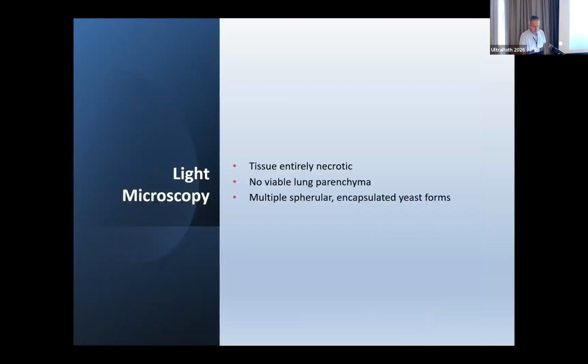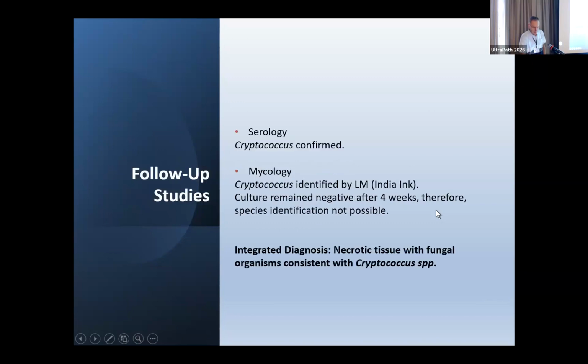So the pathologist then issued the report as tissue entirely necrotic, no viable lung parenchyma, multiple spherical encapsulated yeast forms. And there were follow-up studies. The serology confirmed Cryptococcus, and the mycology, Cryptococcus was identified using the India ink stain.